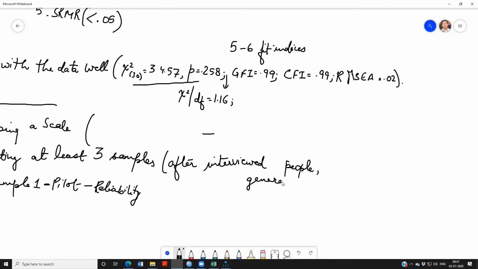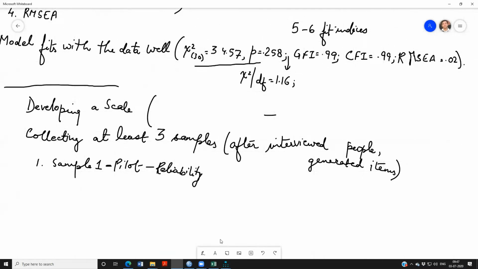So that could be called study 0. Let me erase all of this. So on sample 1, what you will have to do is understand the construct.